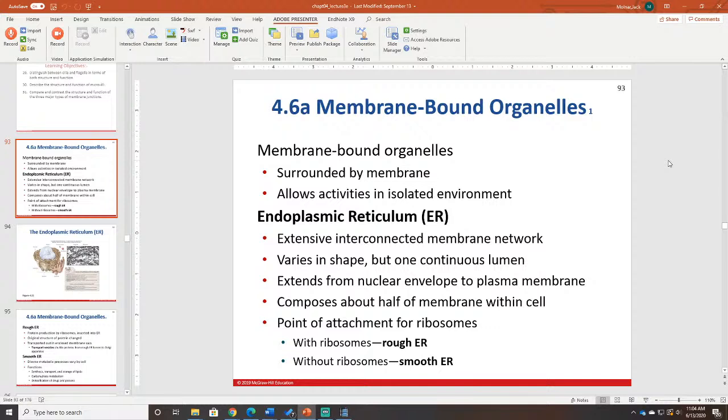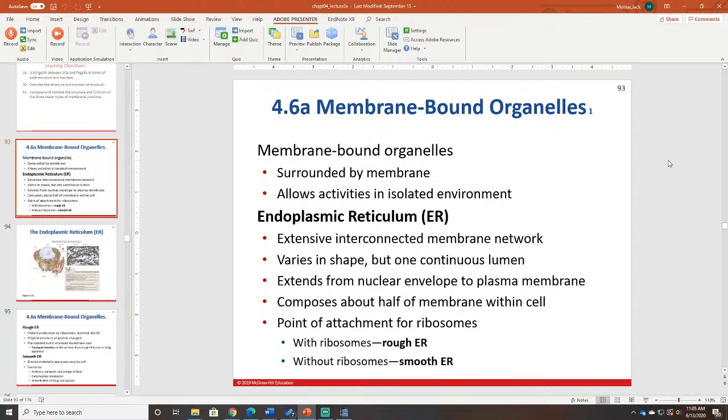All right. So the endoplasmic reticulum, or ER, I believe we mentioned, is an extensive interconnected membrane network, and its shape will vary, but it has one continuous lumen. The lumen is the space inside. Okay, so the space inside is continuous all throughout the endoplasmic reticulum, and it extends from the nuclear envelope to the plasma membrane.